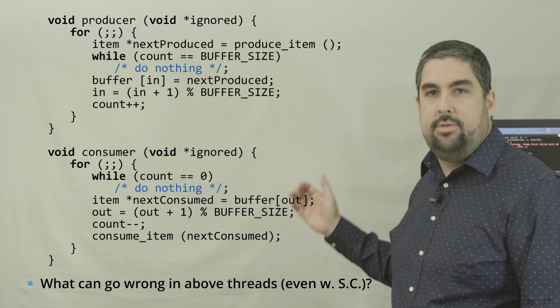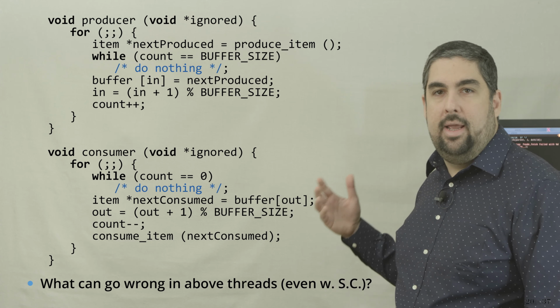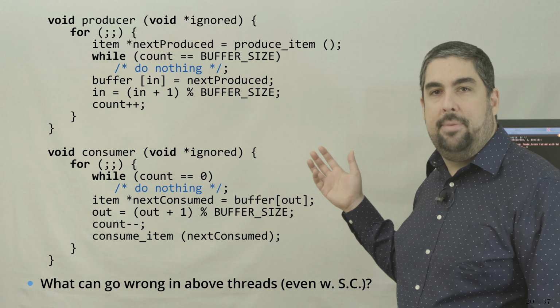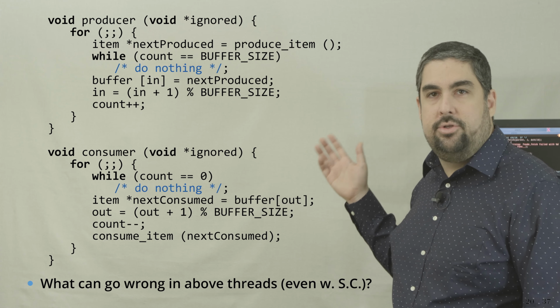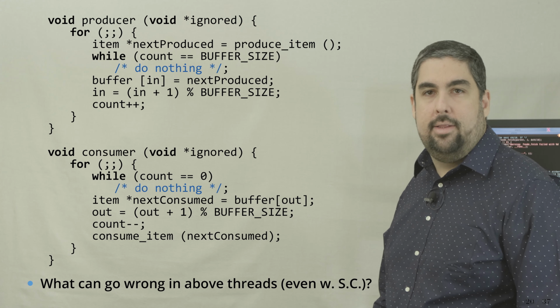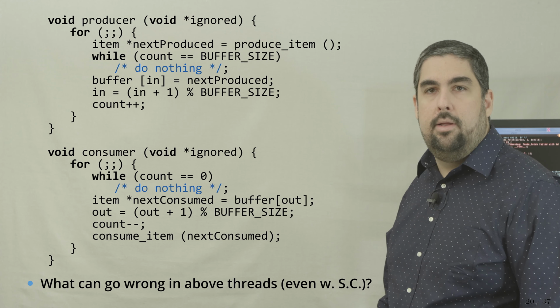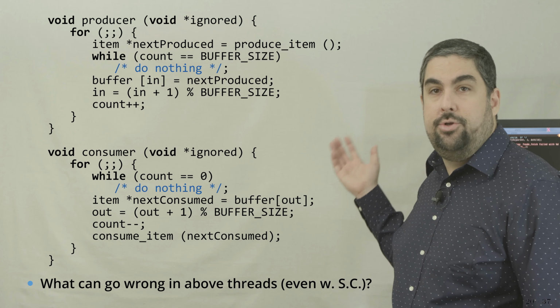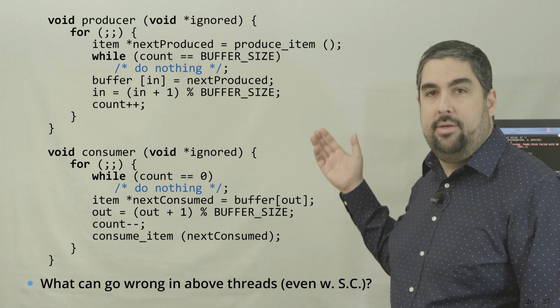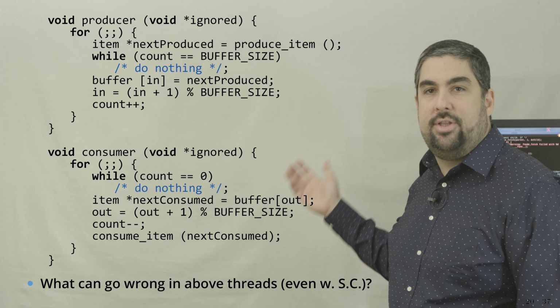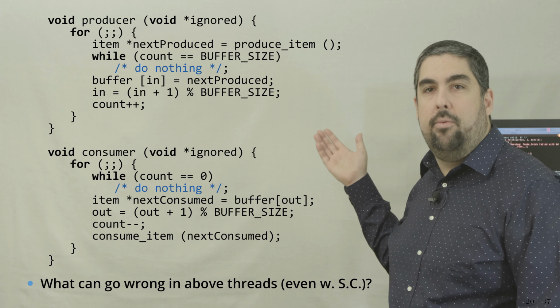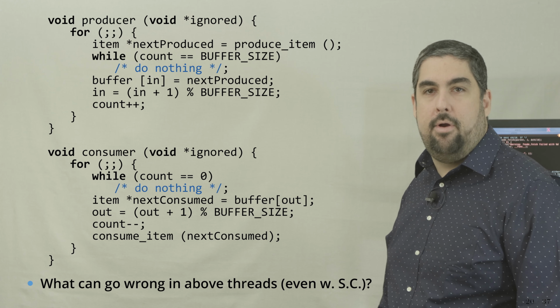The counts might be read and written overlapping such that the counts don't get incremented and decremented correctly. The compiler has no awareness about what's happening, so it might actually cache the count value and sit there in the while loop, never actually making forward progress.